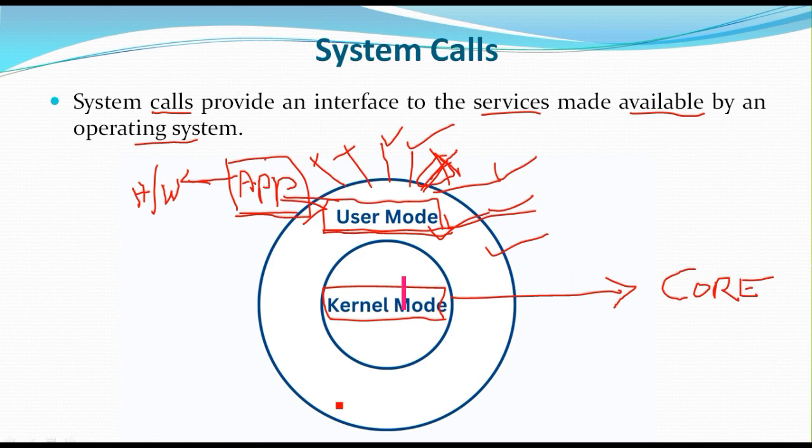All these tasks are handled by the kernel mode, not by the user mode. All the code running in kernel mode shares a single virtual address space. So this is how kernel mode and user mode work in system calls. Hope you understood how user mode operates and how kernel mode operates.